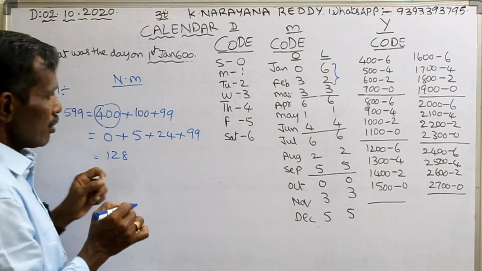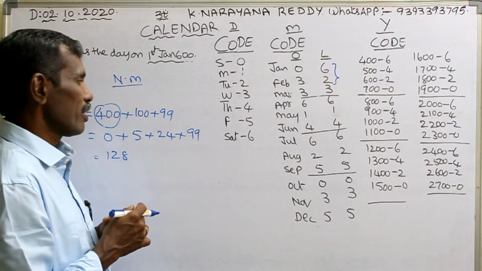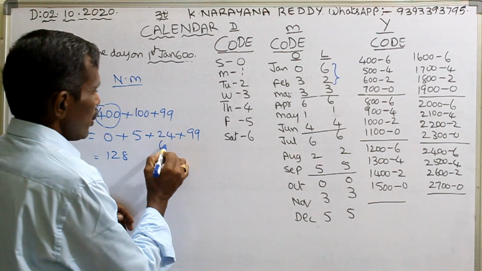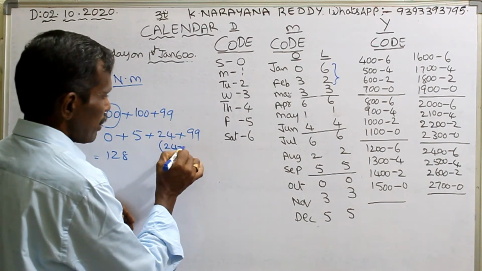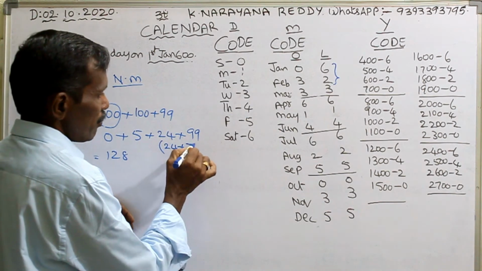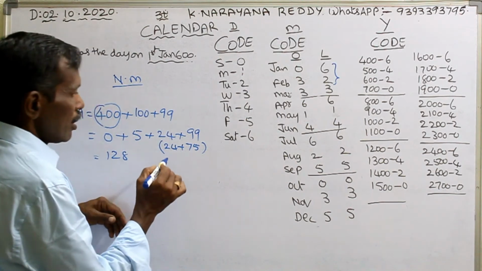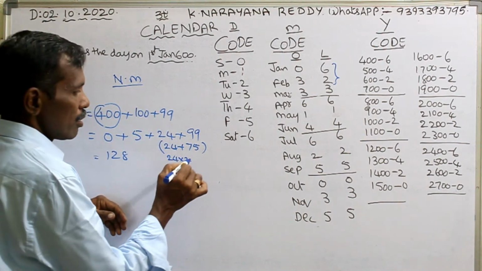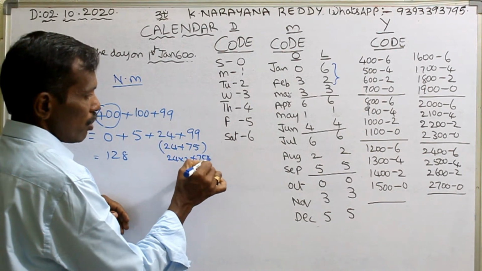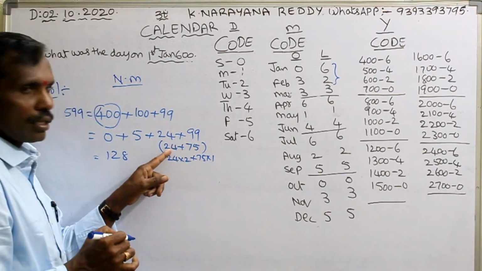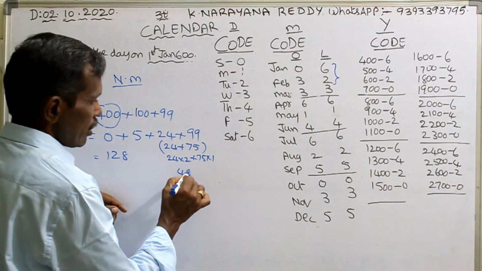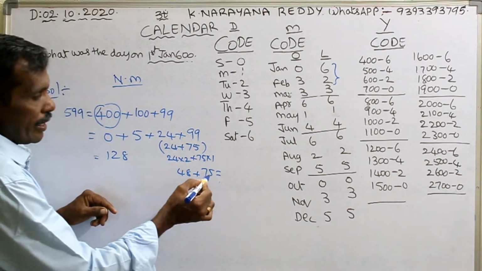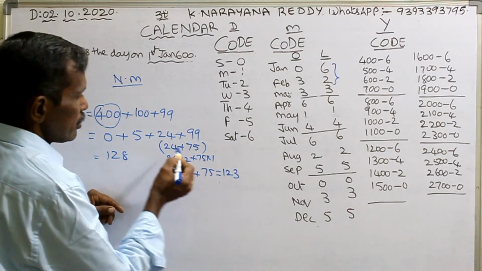But you may have a doubt: why are you taking it this way? I will write in the bracket. 24 plus how many? 75. 24 into 2 odd days plus 75 into 1 odd day. These are ordinary years, these are leap years. 48 plus 75 is 123. The same.